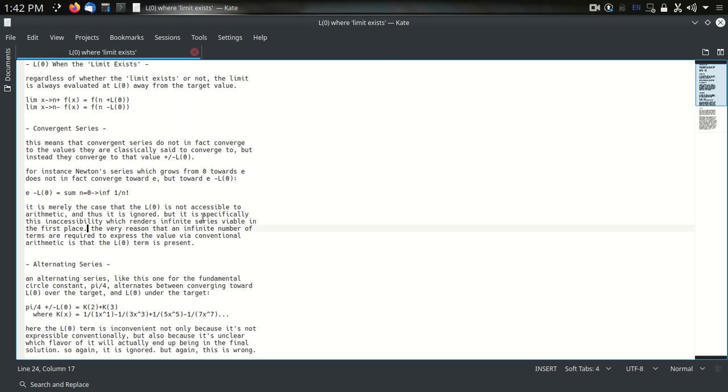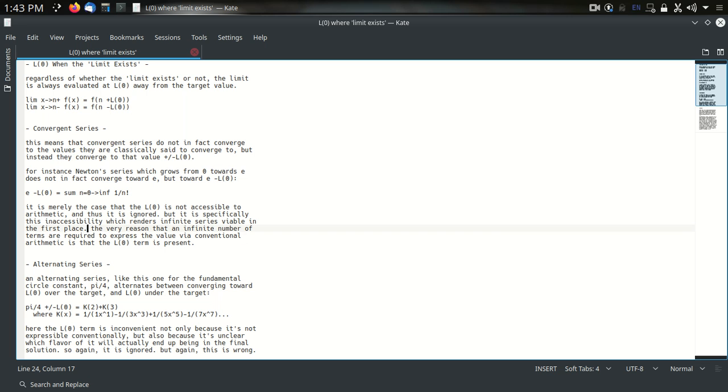So it doesn't matter how many terms you have in your infinite series, you're never able to reach the distinction between the value that you think you're going for and the value you think you're going for plus or minus L naught. That distinction between those two values is so tiny, you can't get to it with an infinite series. But that is actually what it's converging towards.